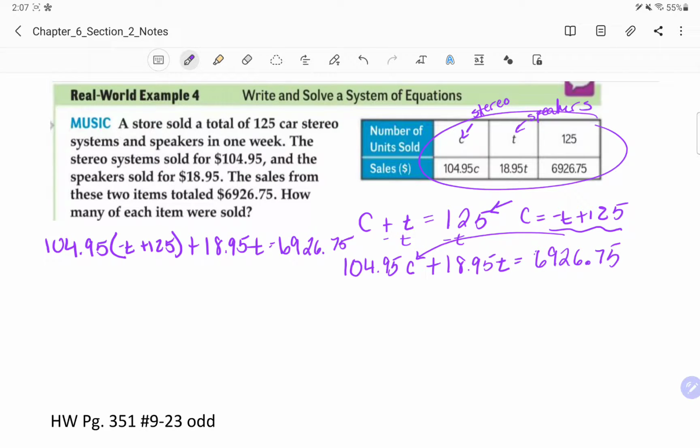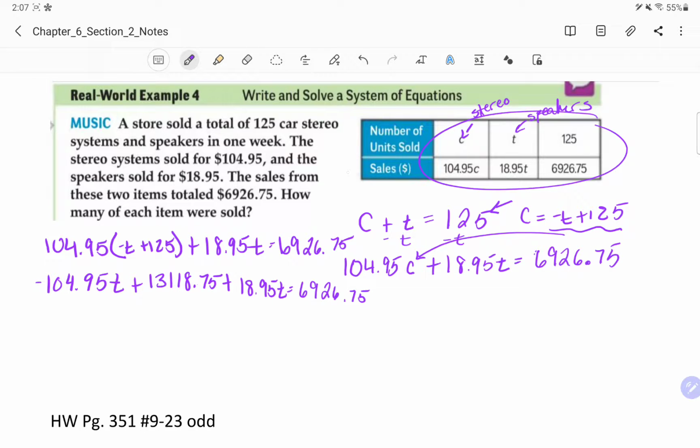Okay, I'm going to solve this. 104.95 times negative t is just negative 104.95t, plus 104.95 times 125, which gives me 13,118.75. Plus I still have the 18.95t equals $6,926.75.